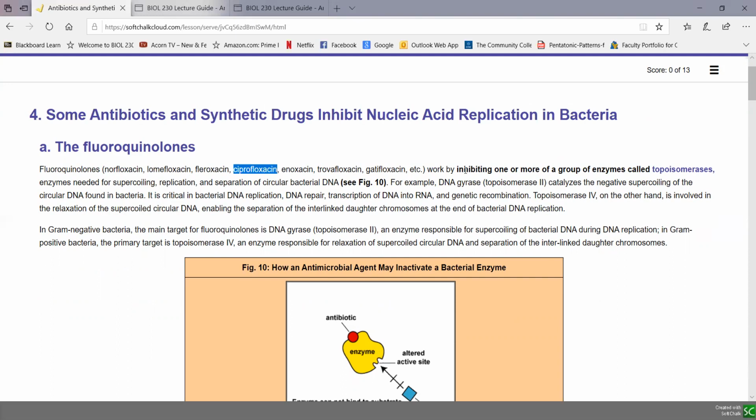Now, these work by inhibiting one or more of a group of enzymes called topoisomerases. And remember, these are the enzymes needed for supercoiling and then uncoiling the DNA so it can replicate and produce a complementary copy, and so that transcription can occur.